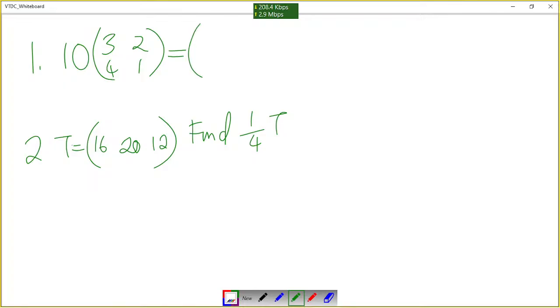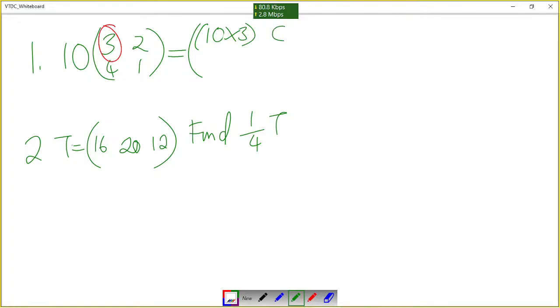You open the bigger matrix, then you open the smaller brackets. So what you do, you multiply 10 by this number here, which is 3. Then we say 10 by 3, close bracket.